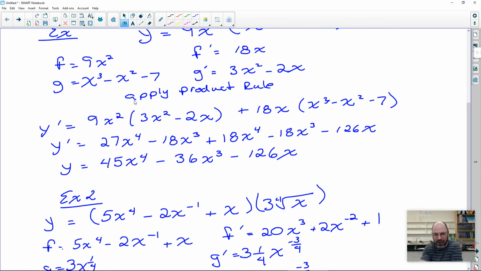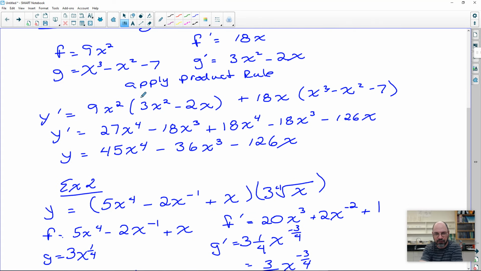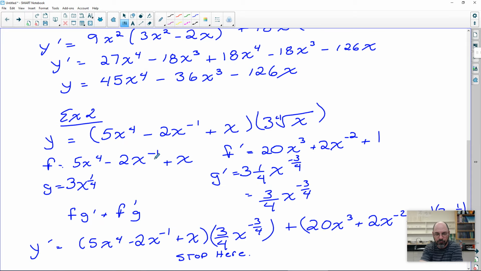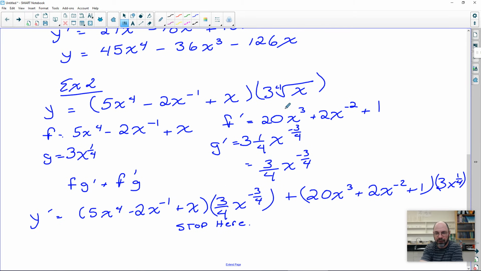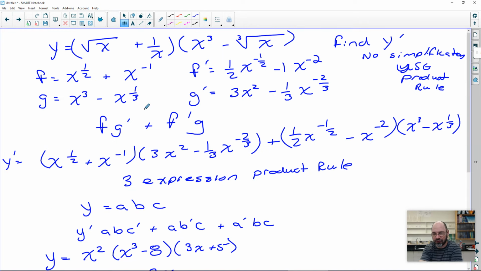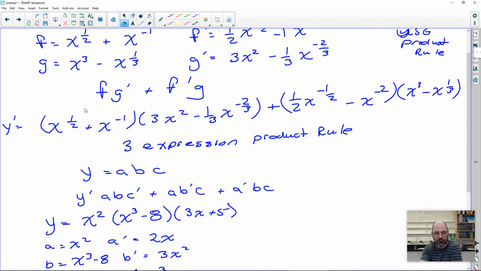So we did a couple examples of that. We did an example with just simply simplifying it. We did an example with a root in it, and we just stopped because simplification was difficult. So I just say do not simplify, or I say simplify when it's simple.